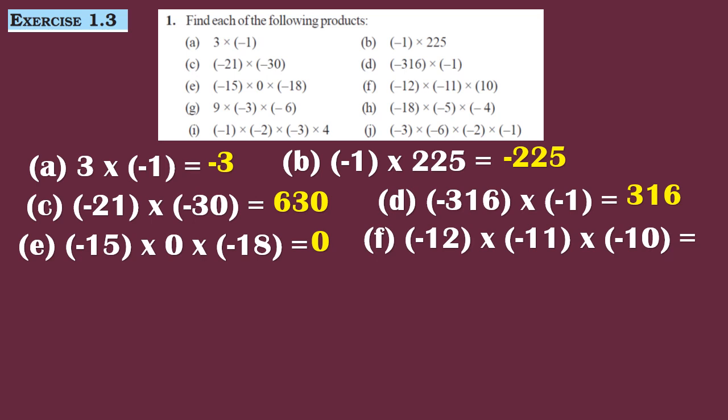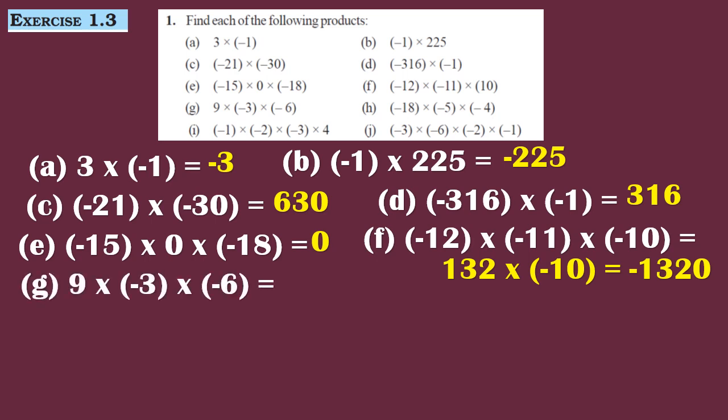So here 3 negative integers are there and 3 is an odd number. So the product will be negative. So we can multiply here 12 into 11, 132, minus into minus plus, that into again minus 10. So answer will be minus 1320.